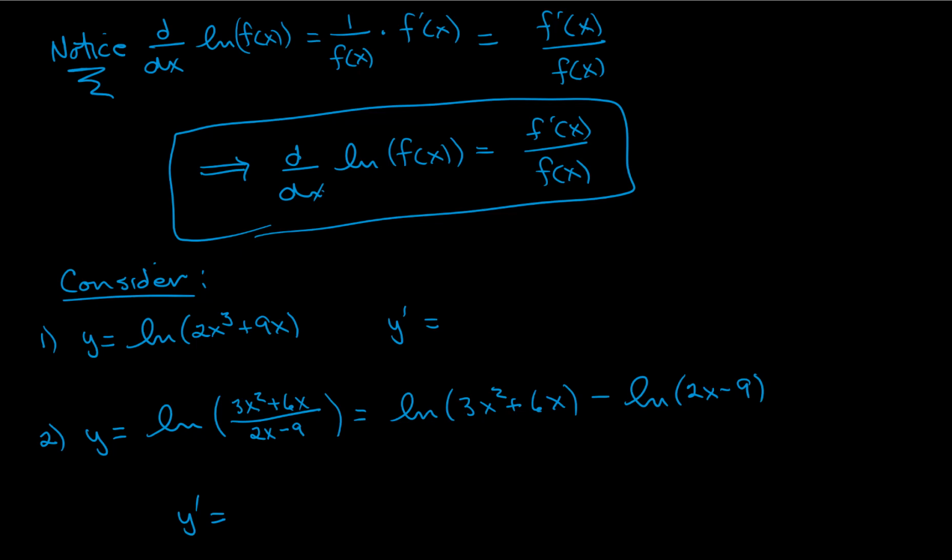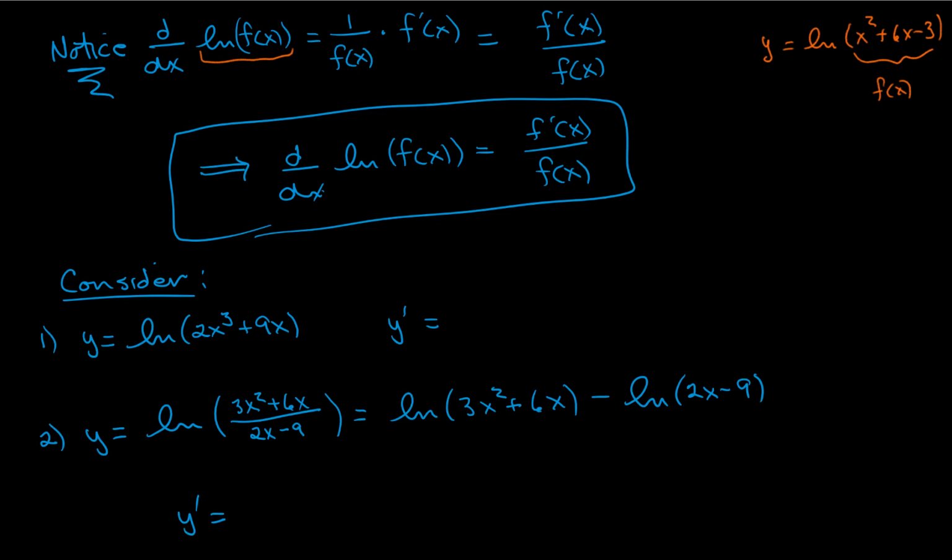One of the things I want you to notice is if you have the natural log of some function. For example, look over to the right-hand side. Let's say y is equal to the natural log of x squared plus 6x minus 3. Inside here is a function referred to as f of x. It doesn't just have to be the variable x.